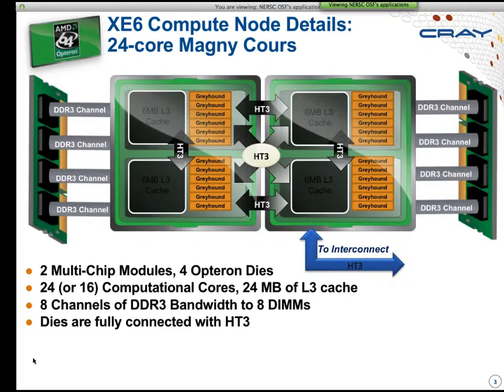Most people just think there's 24 cores on a node. But keep in mind, there are two sockets, one of which is attached to the network, and you have cores inside those sockets. In the case of Magny-Cours, you have two separate dies inside the sockets.